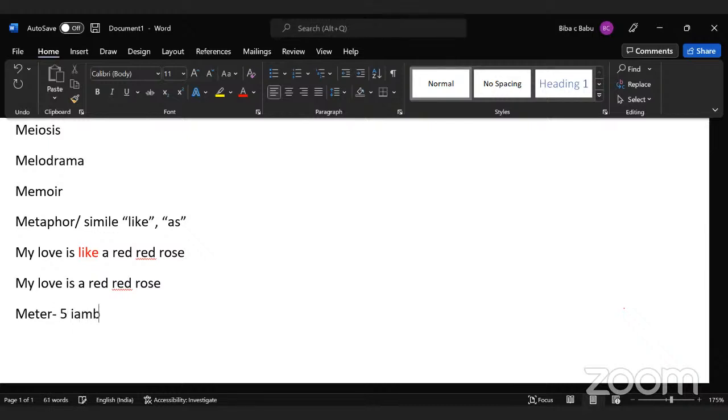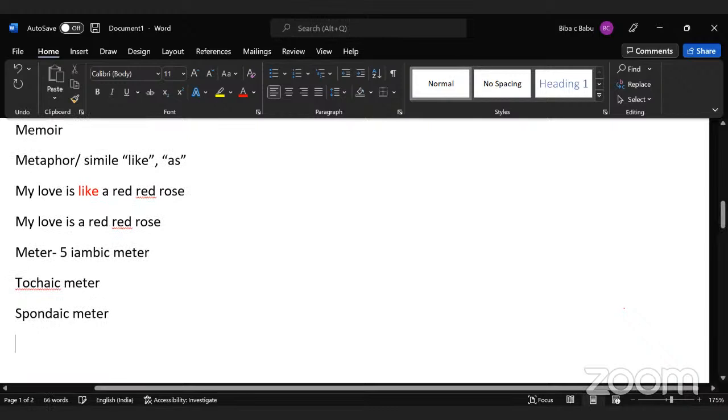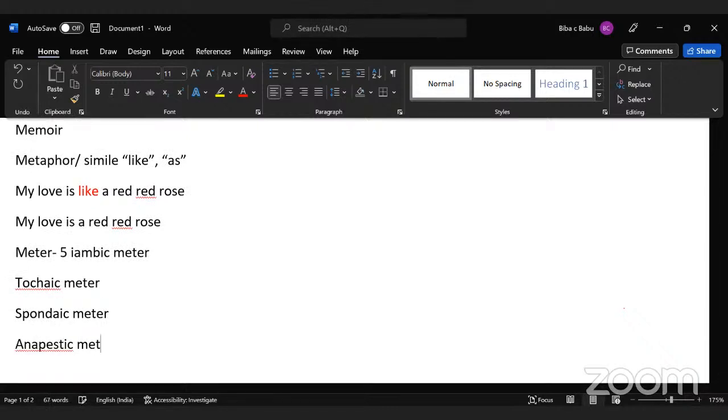One is iambic meter. The other is trochaic meter. The other one is spondaic meter. The other one is anapestic meter, and dactylic meter.